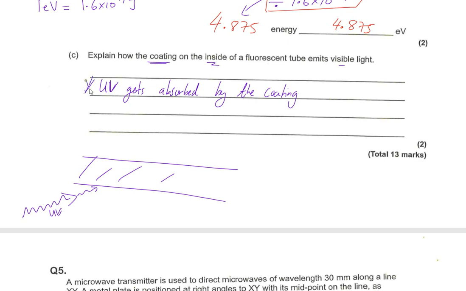Then the same thing is going to happen, so you're going to have excitation. The electrons inside the coating will get excited to a higher energy level, and then they're going to get de-excited to a lower energy level, and this will emit a visible light. In bracket I'm going to have excitation plus de-excitation.